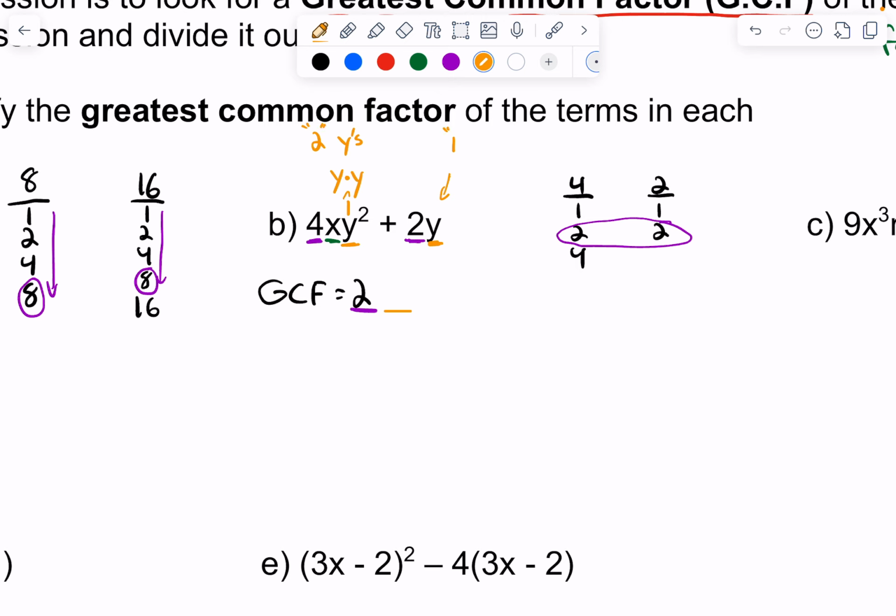I don't want you to confuse that 1 with a multiple. 1 y. What is the biggest amount of y's that I can pull out of both terms? You can't pull out more than something has. You can only pull out what it has. So we can only remove one of the y's. So the GCF here is 2y. And that's it, because you can't pull out a squared. This one does not have 2 y's. It only has 1.